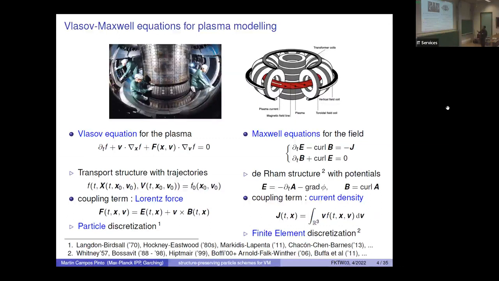And for the Maxwell equations, we will consider finite element discretizations, but I should add in a very large sense, and I will come back to that. One of the main reasons why we consider finite element discretizations for the Maxwell equations is because it has been studied for several decades now, that they can preserve at the discrete level this de Rham structure that I will describe in the next slides.